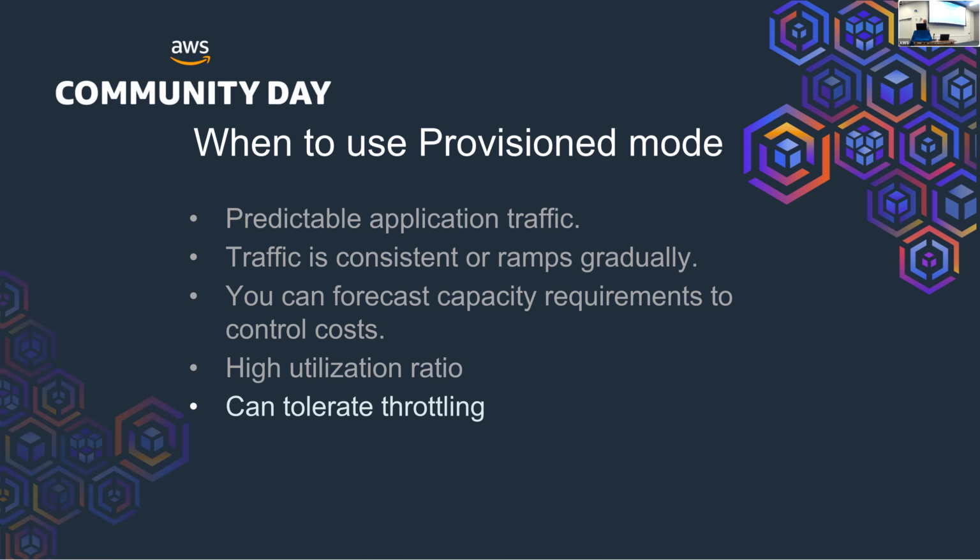And yeah, throttling: in on-demand, you can also get throttled. So in on-demand, if your consumption doubles twice within 30 minutes, you will get throttled. But the good thing about on-demand is it's always over provisioned. So when you create a table, it starts with 4,000, actually 2,000, but it can burst to double immediately.